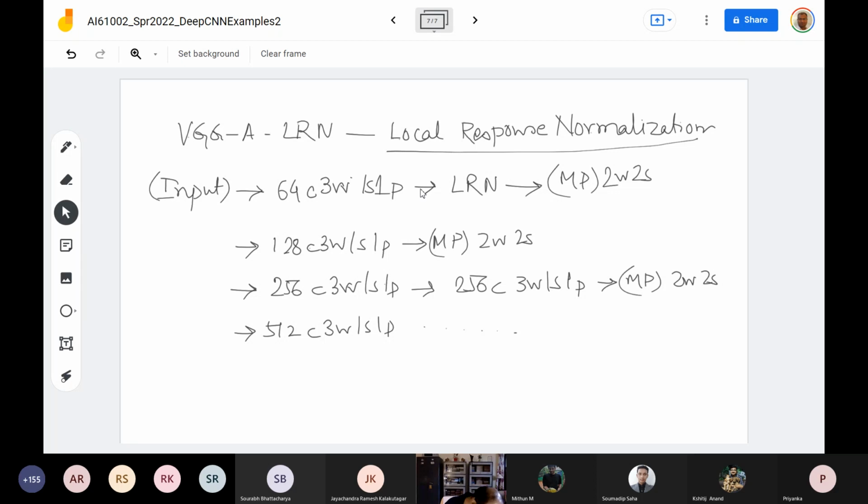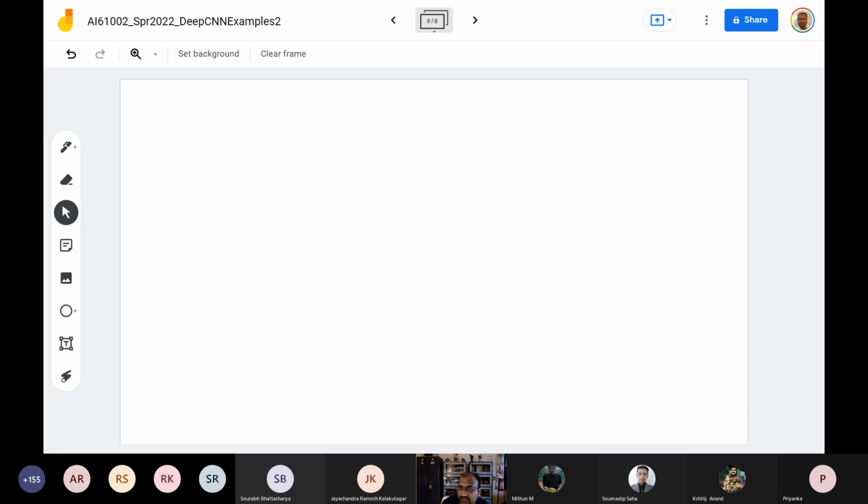Now, the point over here is, what is this operator local response normalization doing, and what does it exactly look like?